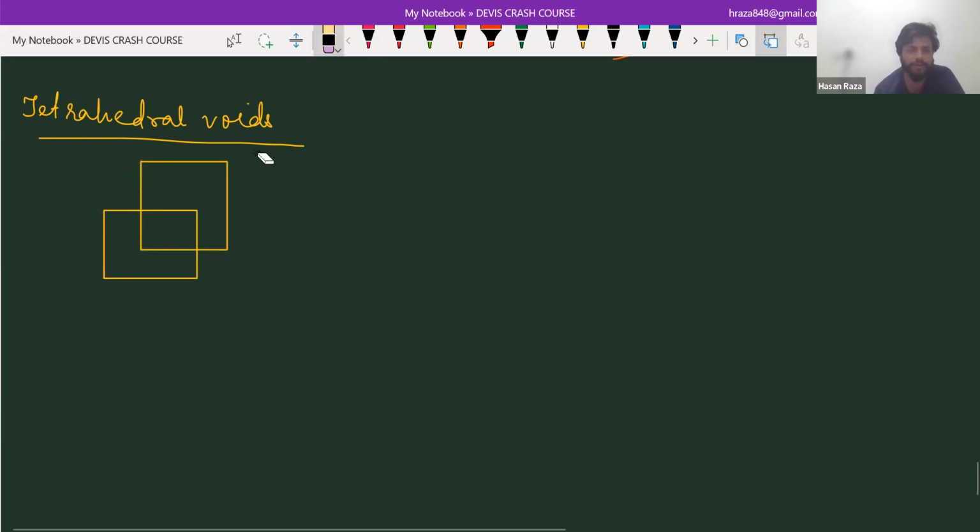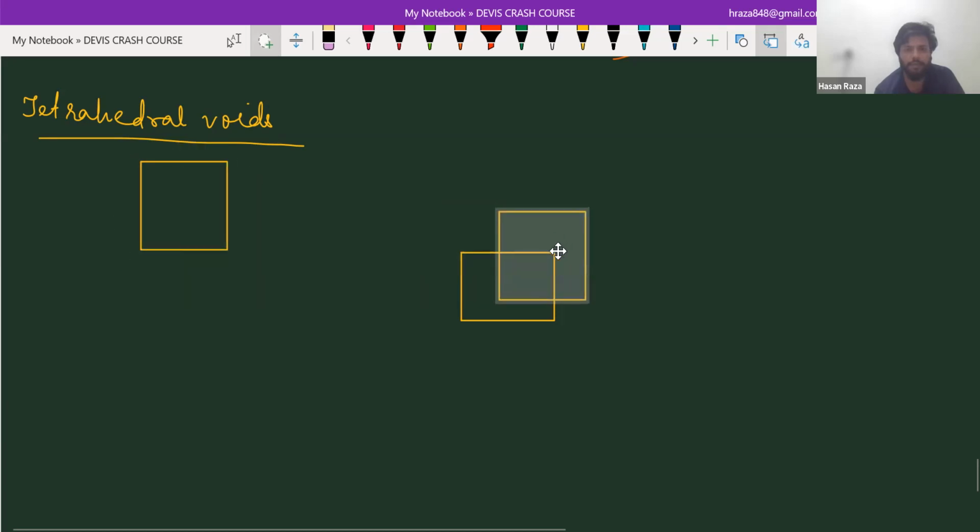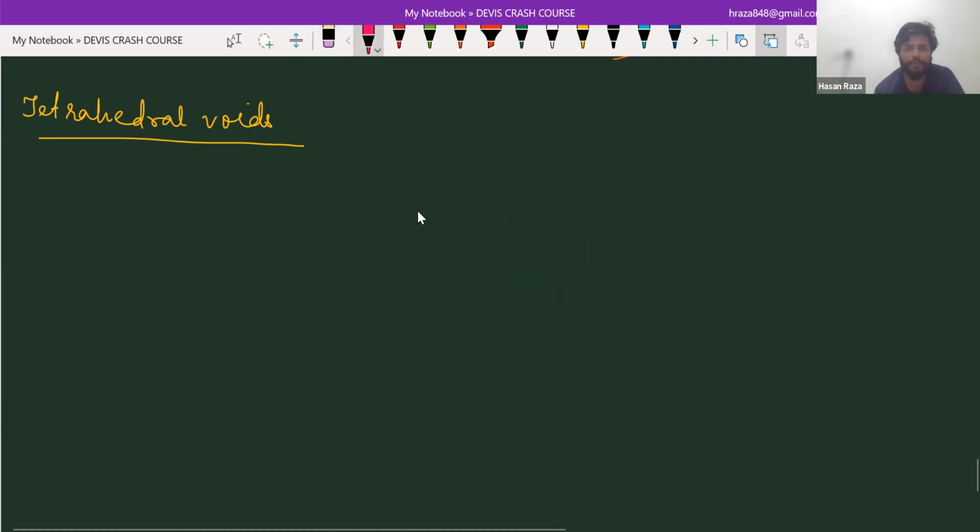And you can see this. This is our square. Now you can see this is a cube.